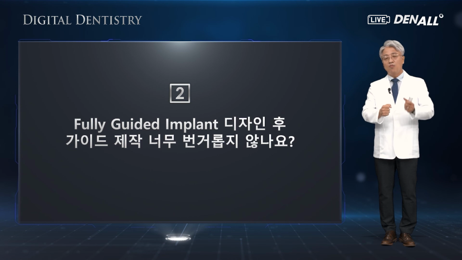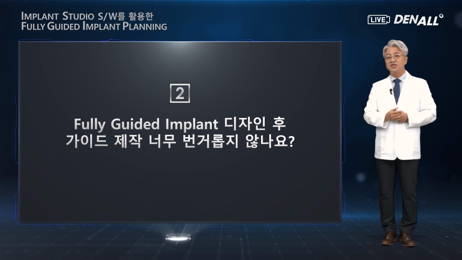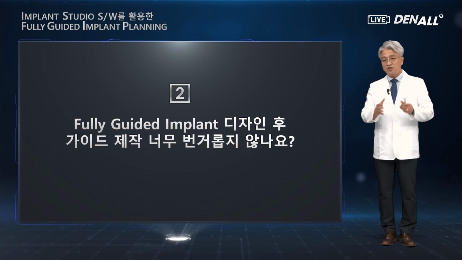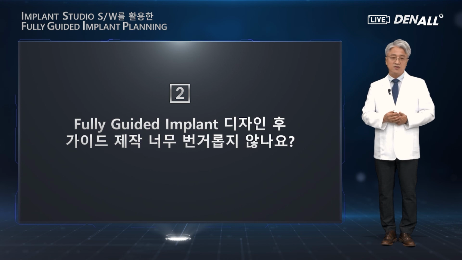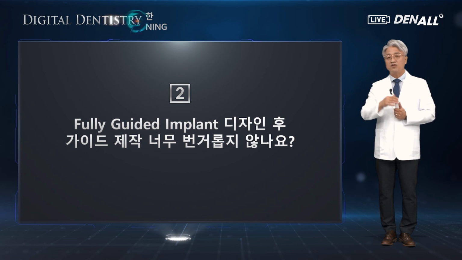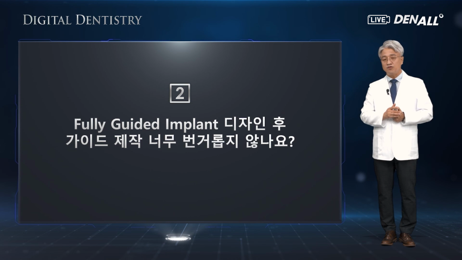Fixture coordinates are determined considering the prosthesis, the relation with the gingiva, and all other factors. Therefore, when the definitive prosthesis is completed, the fabrication goes very smoothly and easily, and the outcome of the prosthesis is very satisfactory.